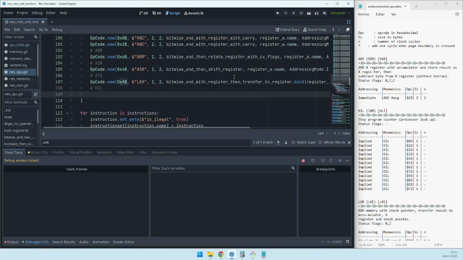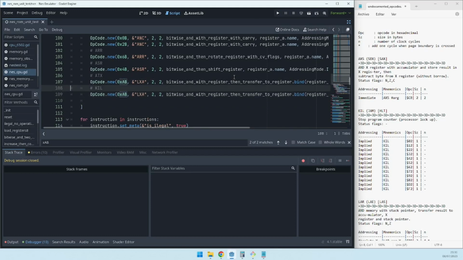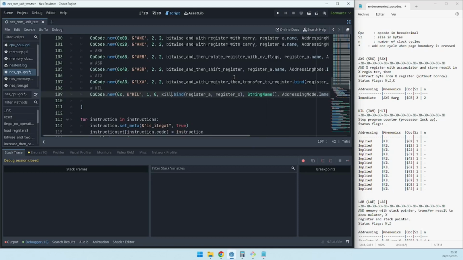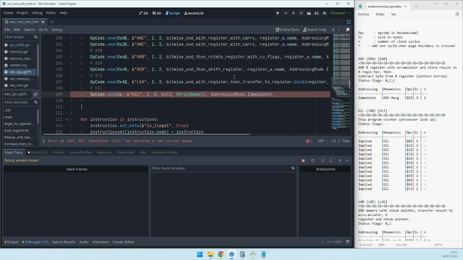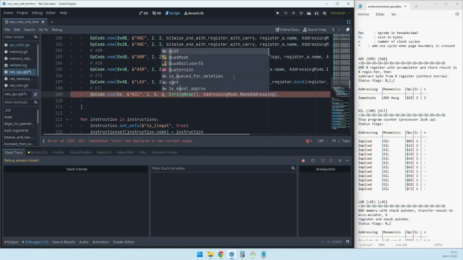KIL. It's 1 byte and 0 cycles. Kill. And it's non-addressing. Maybe I can just use quit.